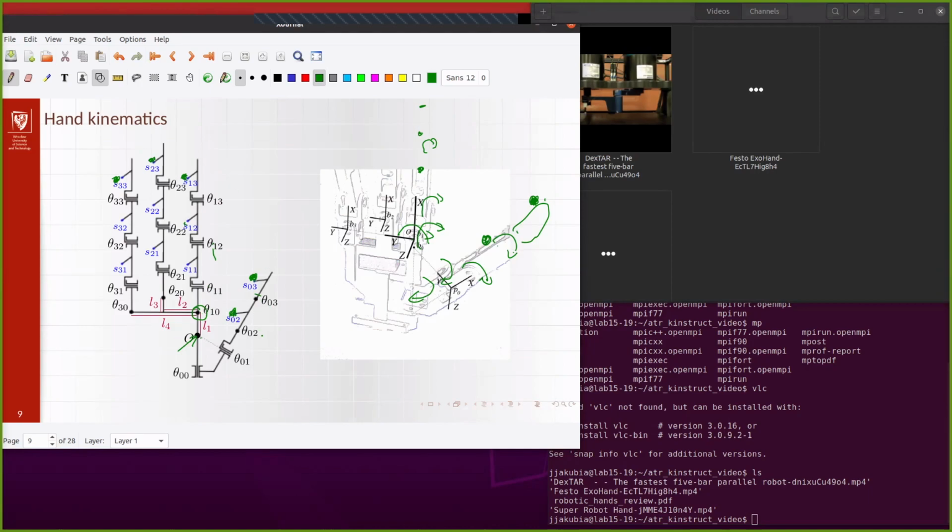And as you can already imagine, we will get a kind of structure that says, if you want to solve, let's say, SO2 kinematics, we need to start from the base, go to the first joint, second joint, and the third one. If we go to SO3, we have the same first 3 joints and 1 additional joint.